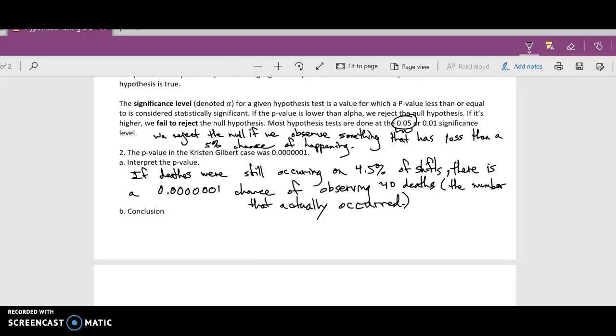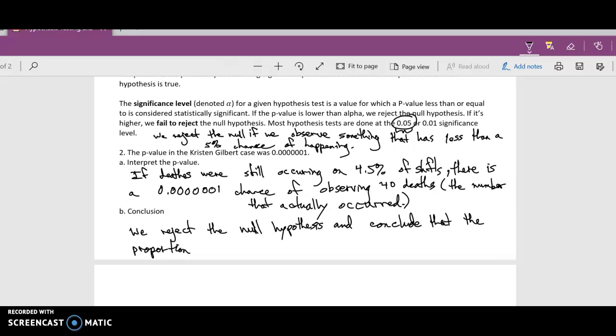So the conclusion is, because that p-value is so small, and if p is less than alpha, we reject, then we're going to say we reject the null hypothesis and conclude that the proportion of her shifts with deaths is more than 4.5%.